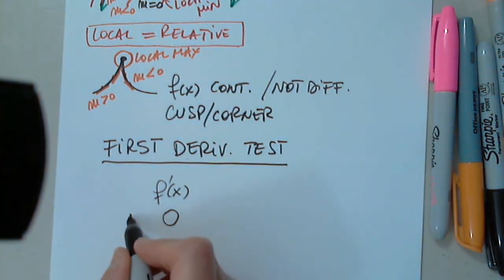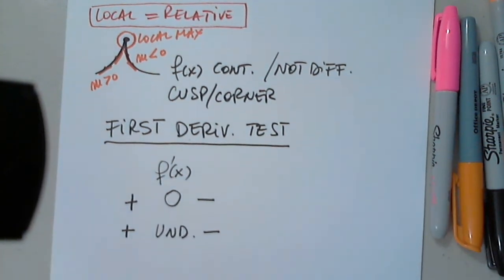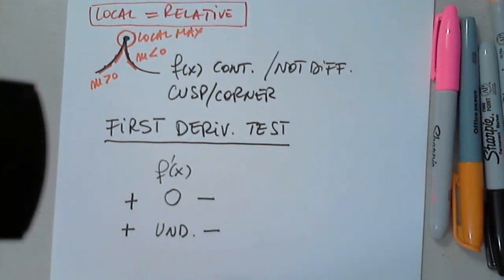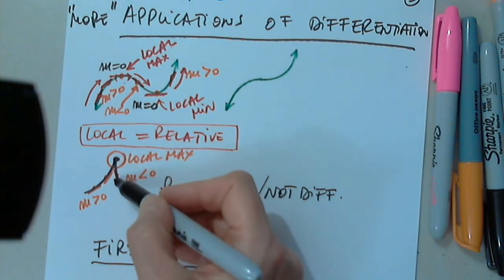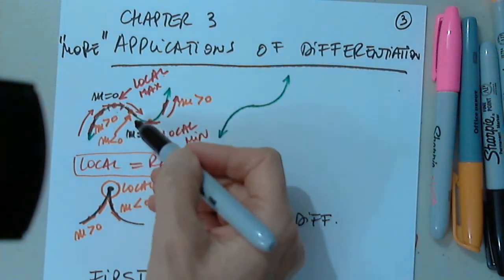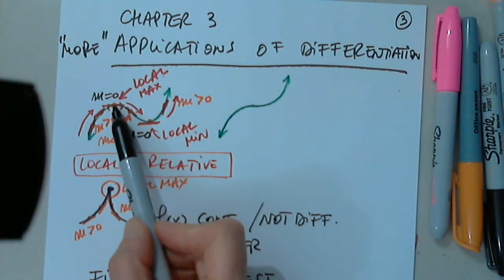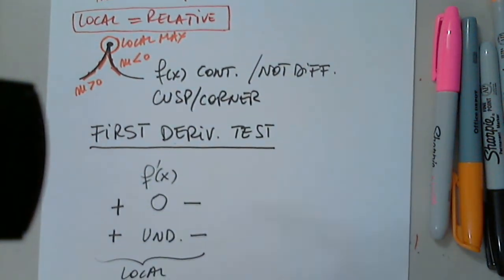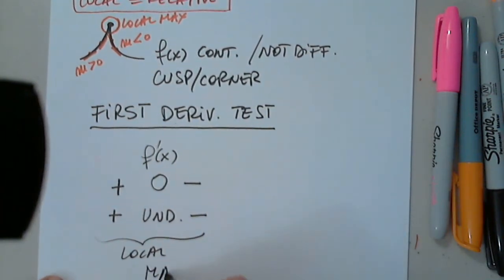And if it changes sign from positive to negative, what type of point is this? Positive slope for tangents, negative slope for tangents. What type of point will that be? Local max.